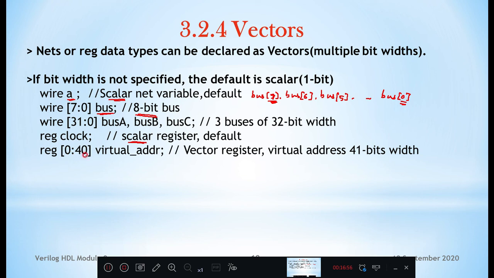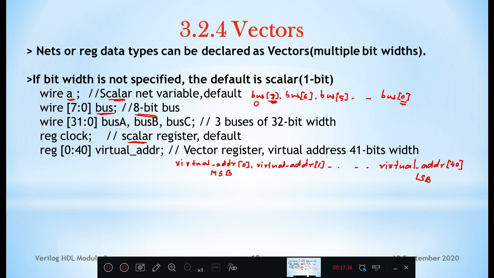In case of [0:40] virtual address, there will be virtual address 0, similarly virtual address 1, and so on up to virtual address 40. So this 0th location is treated as the most significant bit, and this one is treated as the least significant bit.